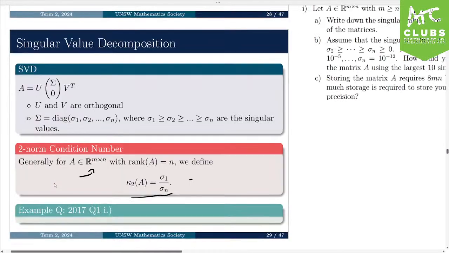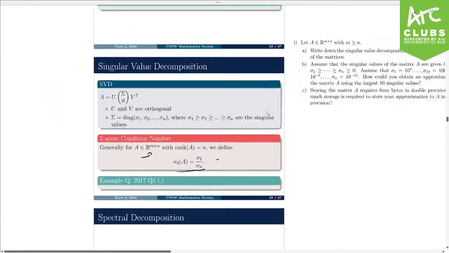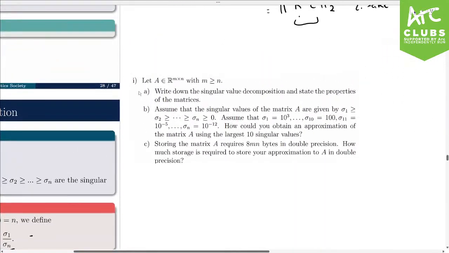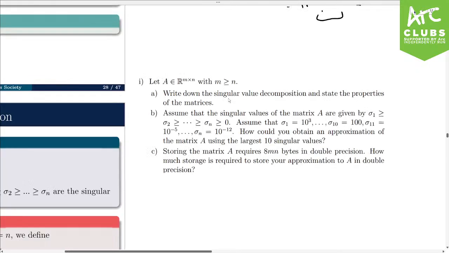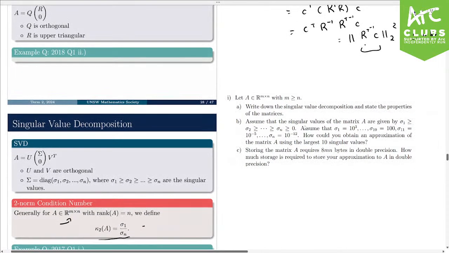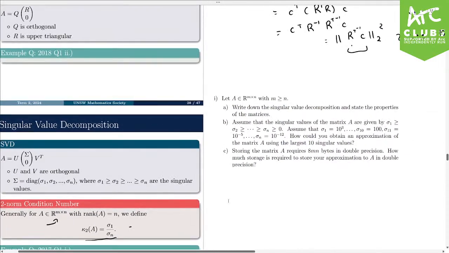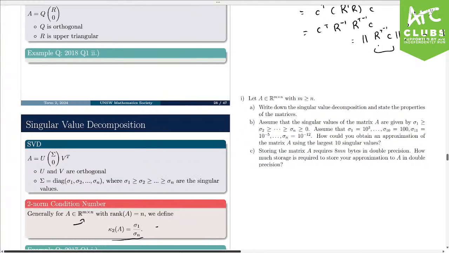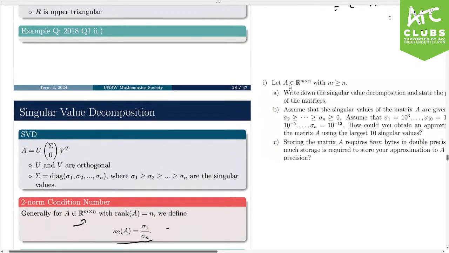Okay, and we have an example question from the 2017 paper. So part A wants us to write down the SVD and state the properties of the matrices. So here it also wants the dimensions of the matrices. So A is m by n, which means A is equal to U, Sigma, V transpose.